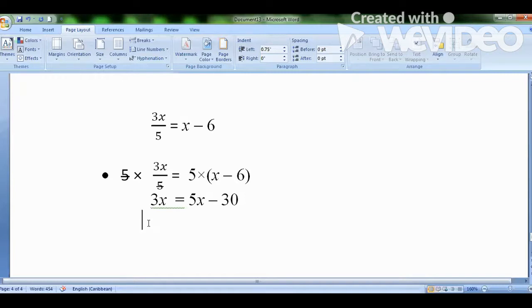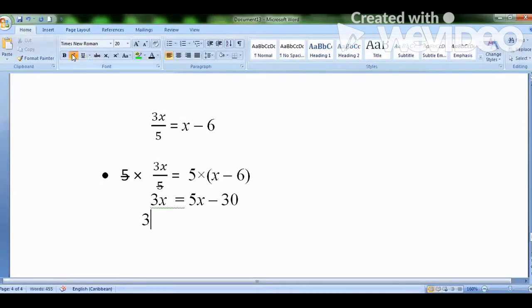We do it just like how we did the other ones. So do you have 3x minus 3x equal 5x minus 3x? Equals 5x.